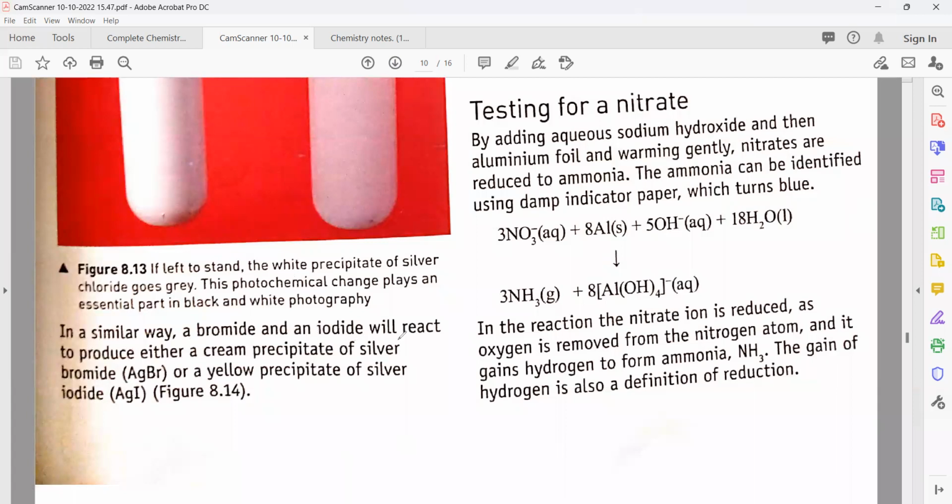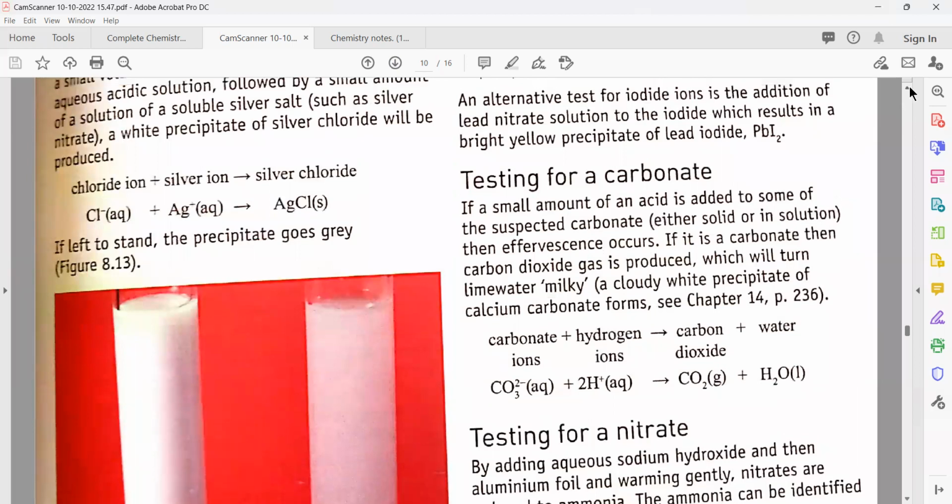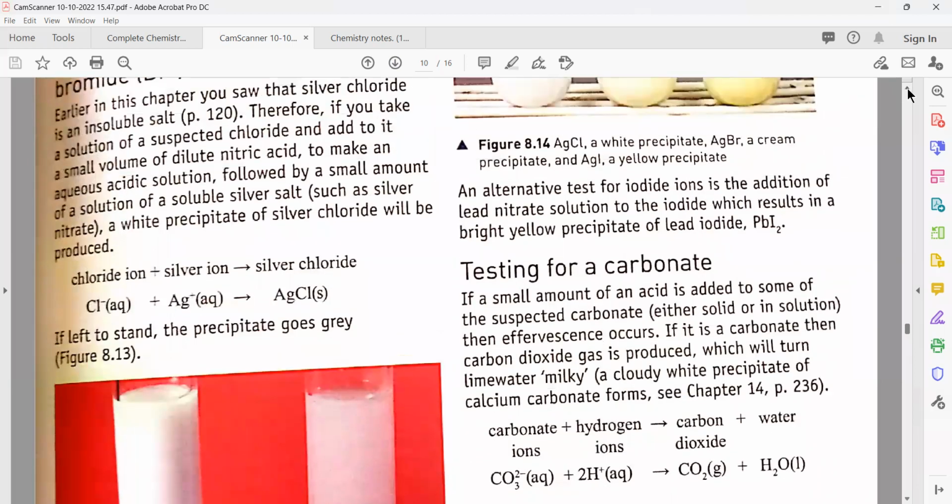The bromide and iodide will react to produce either a cream precipitate of silver bromide or a yellow precipitate of silver iodide. These show you different colors during the formation of a precipitate. So all are written here, and you can easily find out in the test tube.